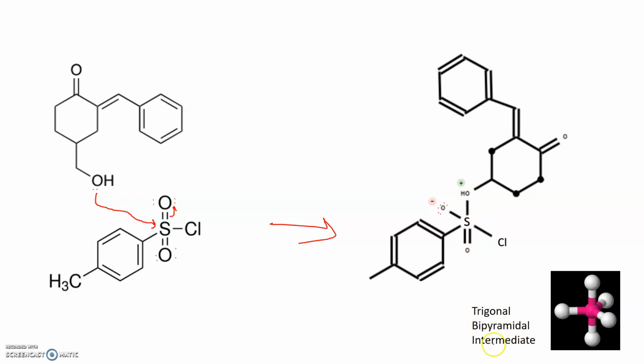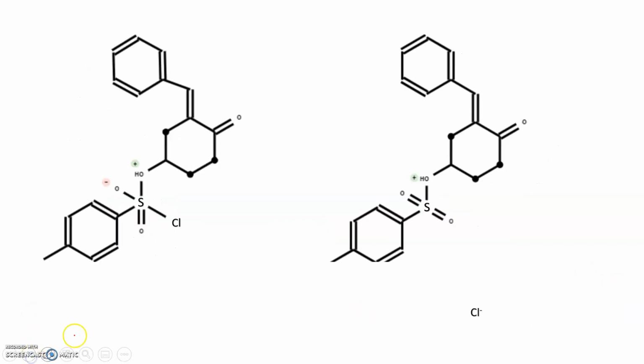This forms the trigonal bipyramidal intermediate. Essentially this representation would be the sulfur, double bond oxygen, the other oxygen, chloride, and so on. The reaction will proceed with one of the lone pairs returning back to sulfur and kicking out the halogen, in this case the chloride.